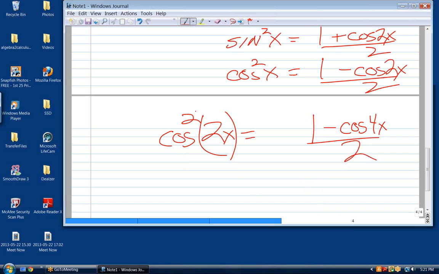In other words, cosine squared of 2x is 1 minus cosine of 2 times 2x, or the cosine of 4x, all over 2. So now when I'm trying to integrate that thing, I'm going to integrate this instead, because once again, that's easy to integrate, to find the antiderivative of that.